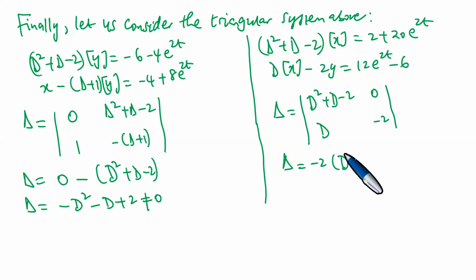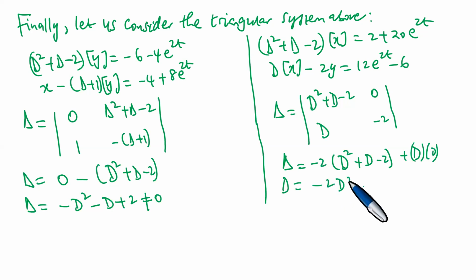We're using what we call cofactor expansion. It's not just cross multiplication, it's cofactor expansion. Obviously, strictly speaking, you have the d here with operating on the 0. And then this is minus twice d squared minus twice d plus 4 and 0. But this is not 0. It's not equal to the 0 operator. And this is not equal to the 0 operator.